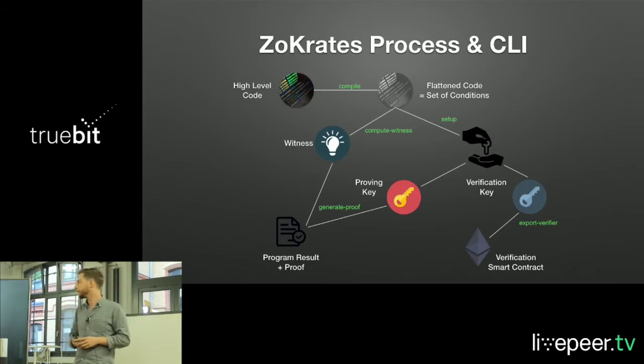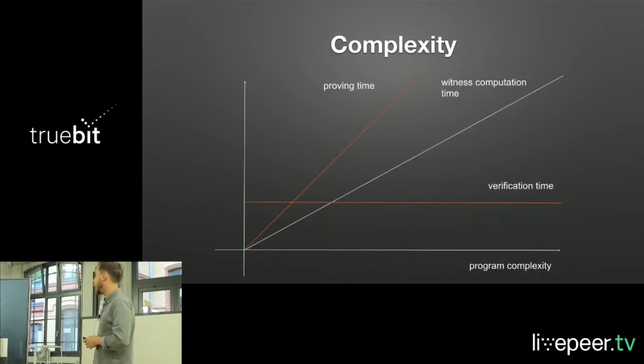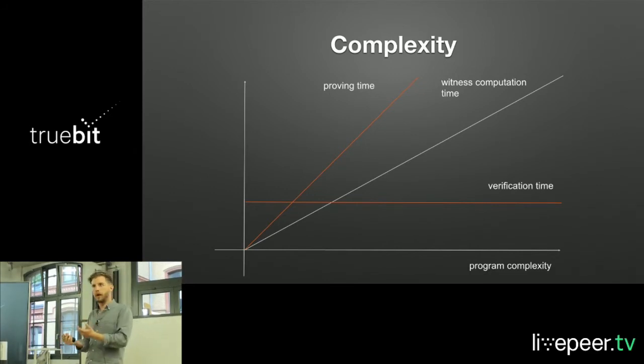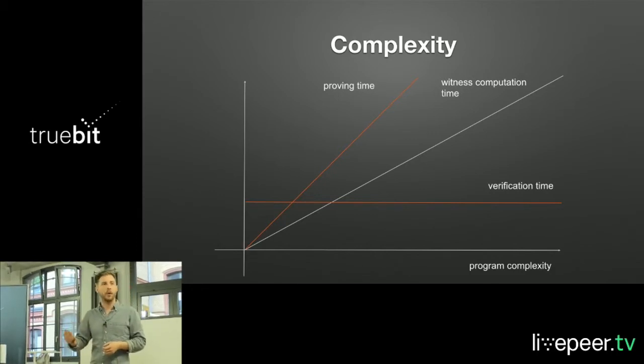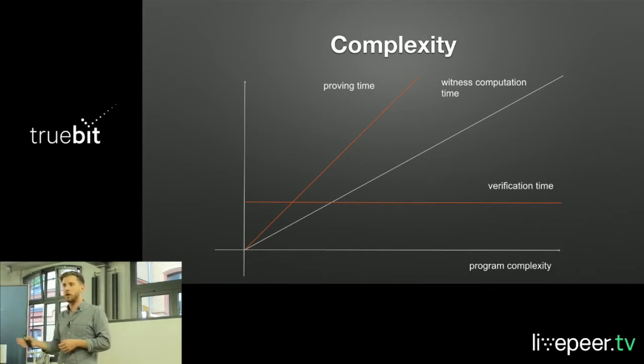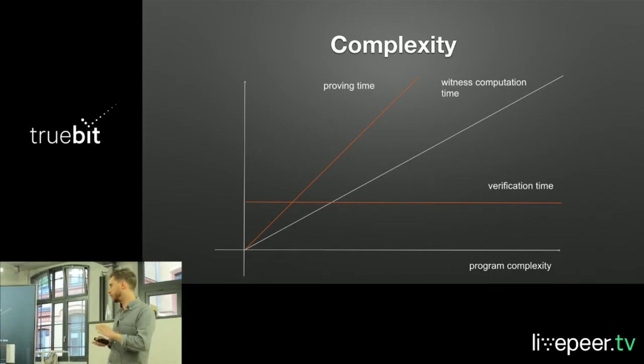And then you see a result on the blockchain. Okay, so here's one important thing I want to show you. As the complexity of your program increases, the program you compute off the blockchain, the proving time and the witness computation time also increase with the complexity. That's why we need to do the optimizations to keep the slope of these curves pretty small.